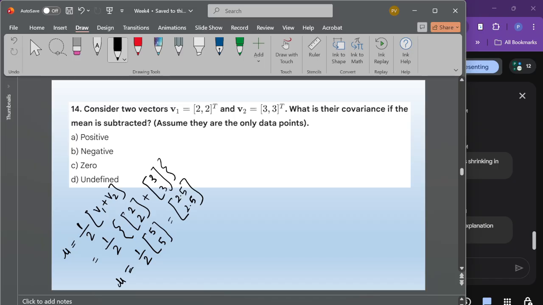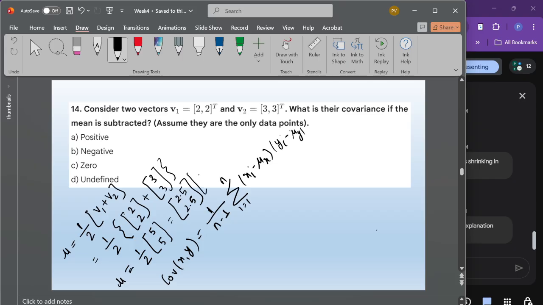Now to find the covariance between these two vectors, to find the covariance between x and y, we use 1 over n minus 1, the summation where i varies from 1 to n, of xi minus mu x times yi minus mu y.